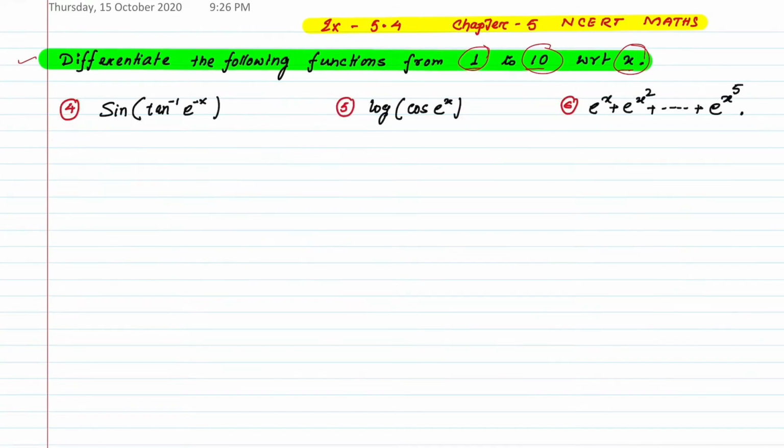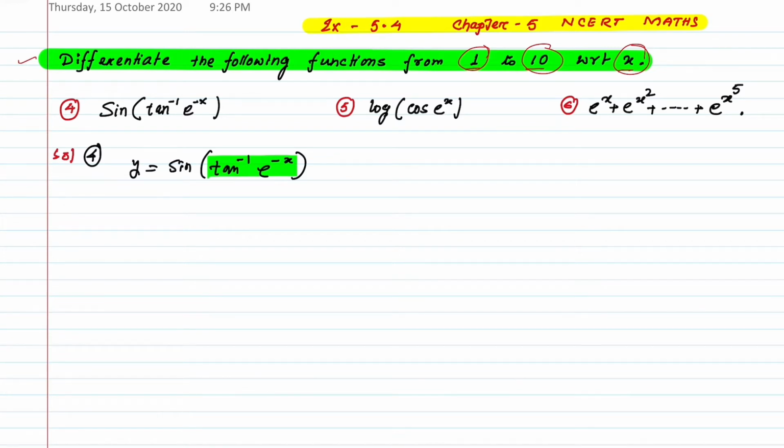Now let us solve 4. Here y is equal to sine of tan inverse of e to the power minus x. First assume this part as x only, so you can assume it as sine of x.